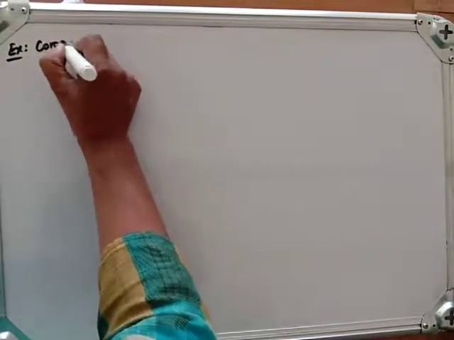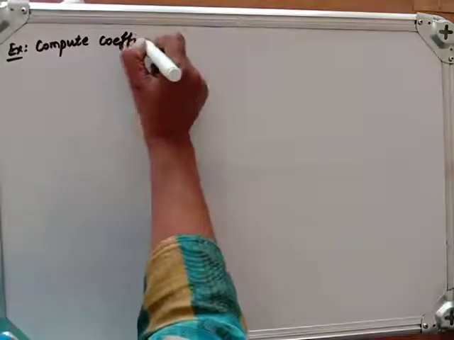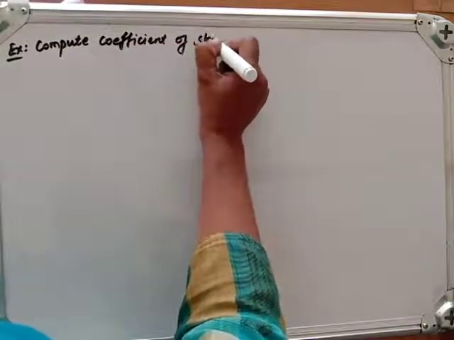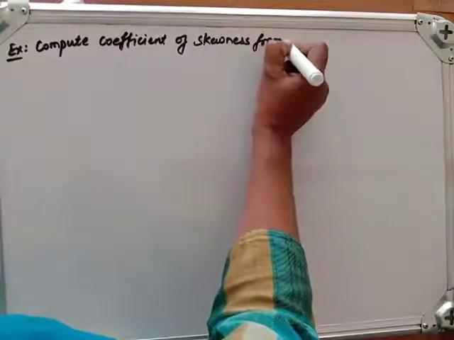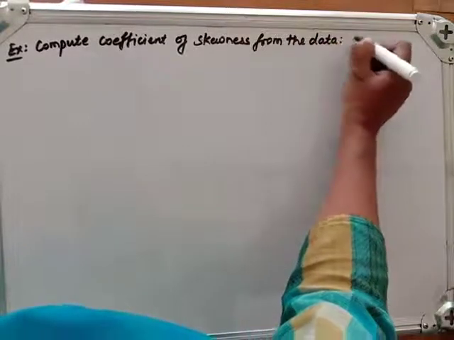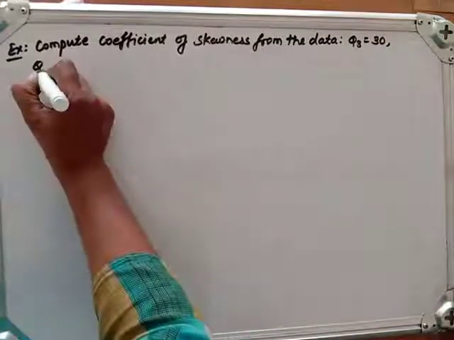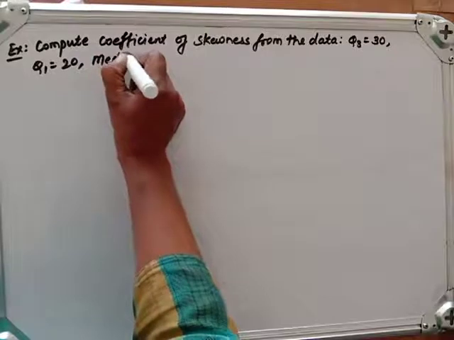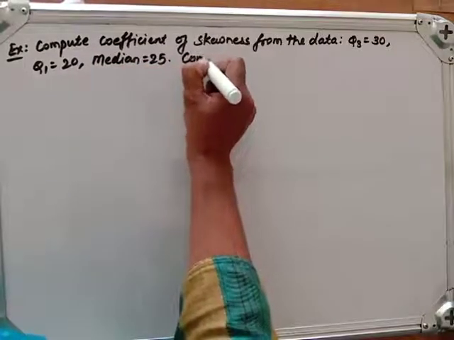Compute coefficient of skewness from the data: Q3 is 30, Q1 is 20, median is 25, and comment on the result.